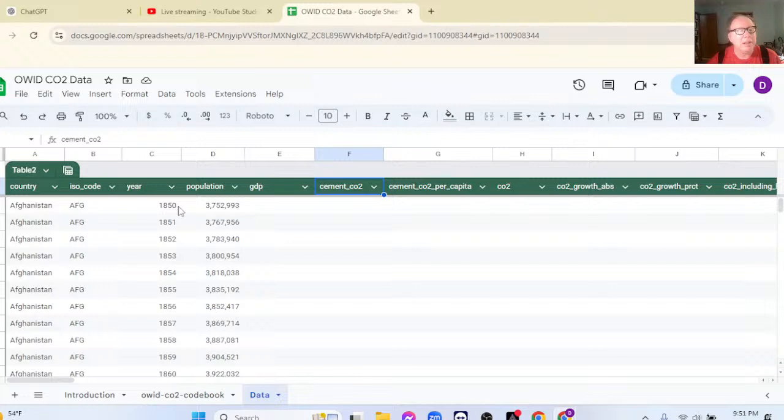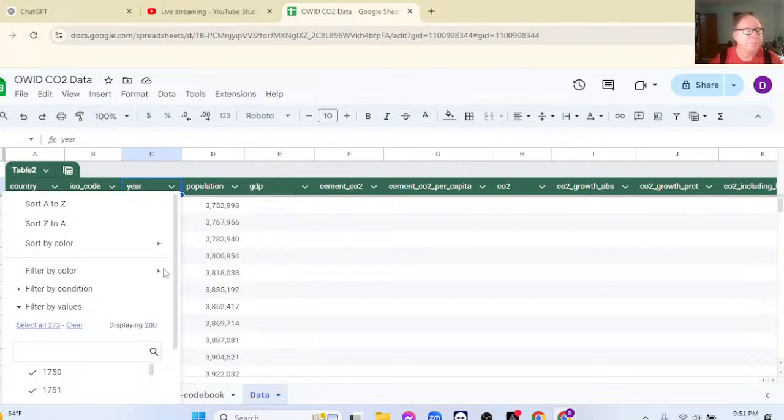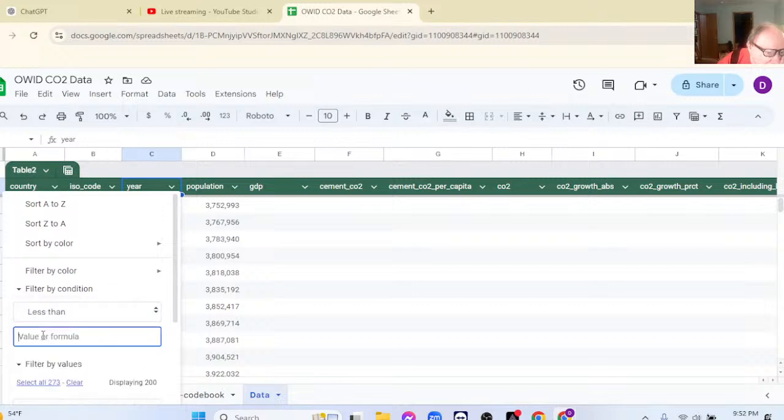And you can see that the data goes all the way from 1850. We're going to do something a little funky here. We're going to get rid of some data, okay? We're going to start by saying less than, okay?